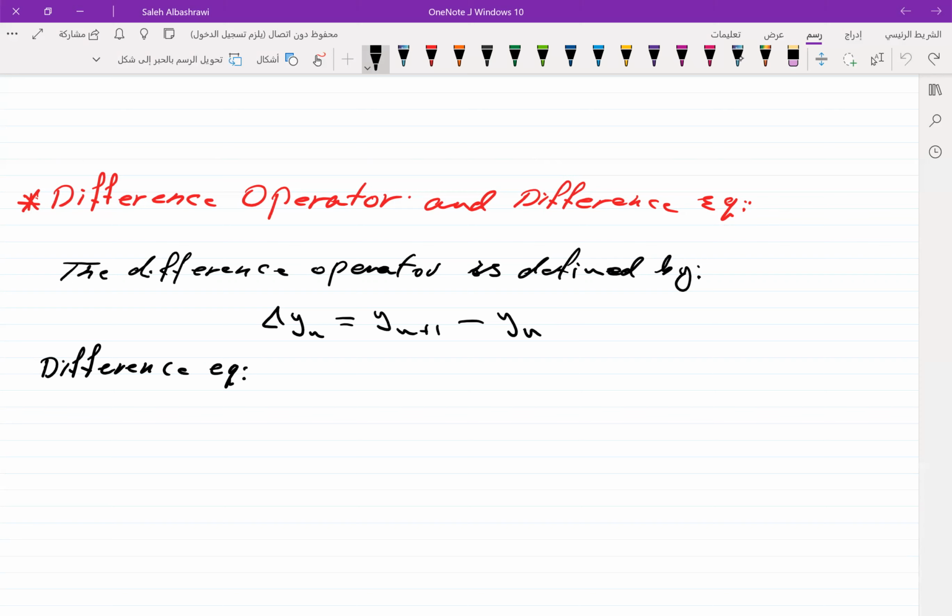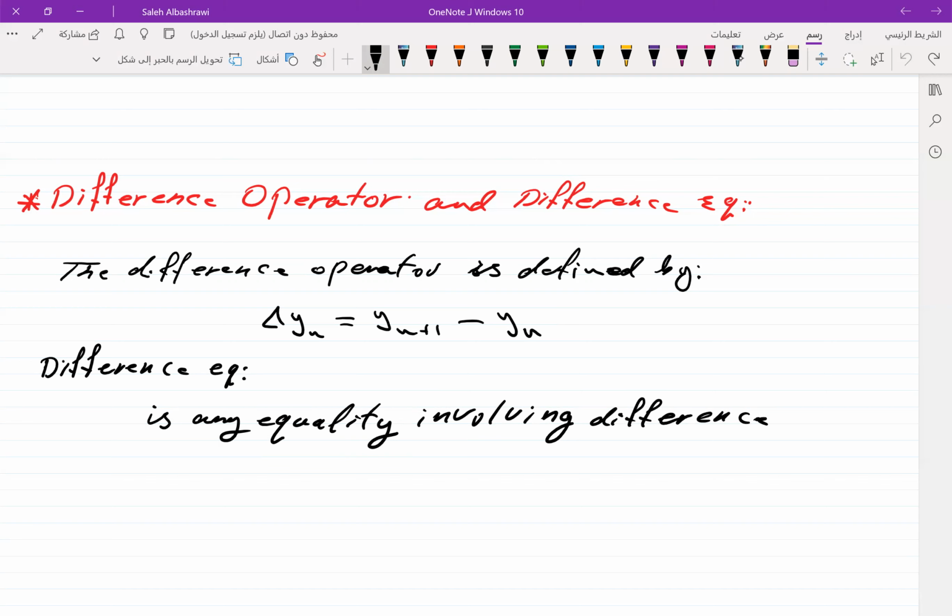A difference equation is any equation, or any equality, not say equation, equality, involving the difference between successive values of a function.